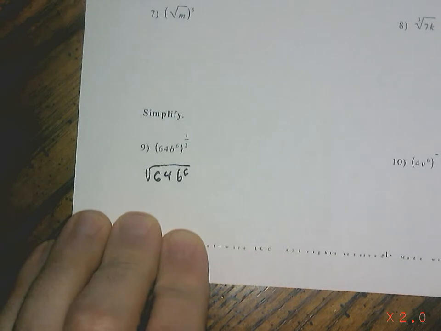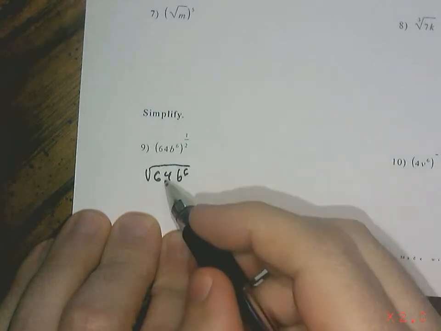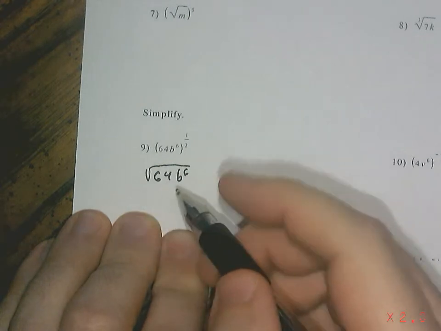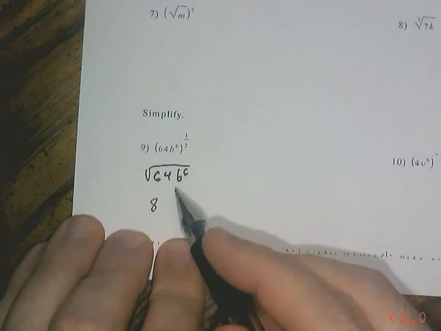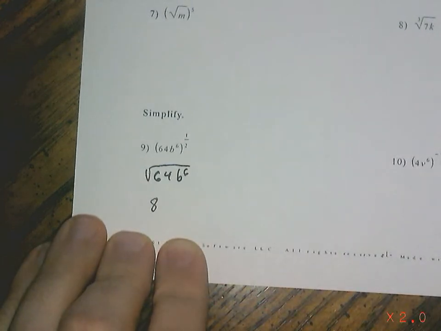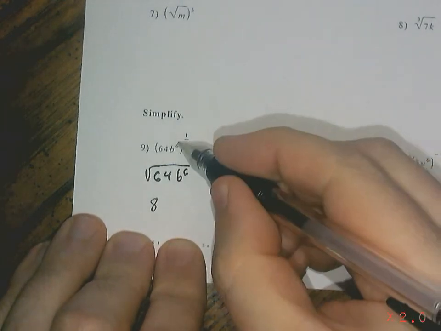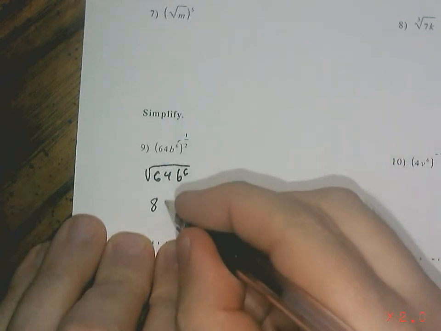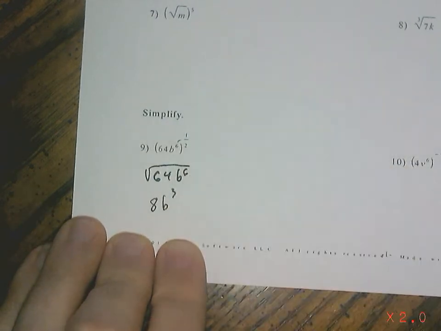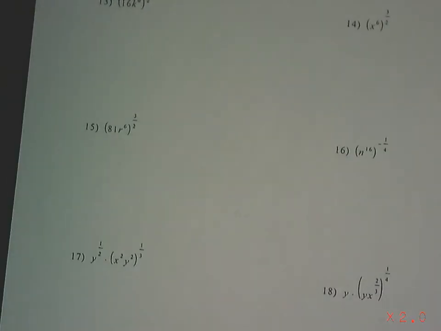When I do that, I take 64, the square root of that is 8, and then b to the 6. Again, it's kind of like multiplying, so it'd be like taking out a half of it, so it'd be b to the 3rd. Okay. And any others I want to go over?